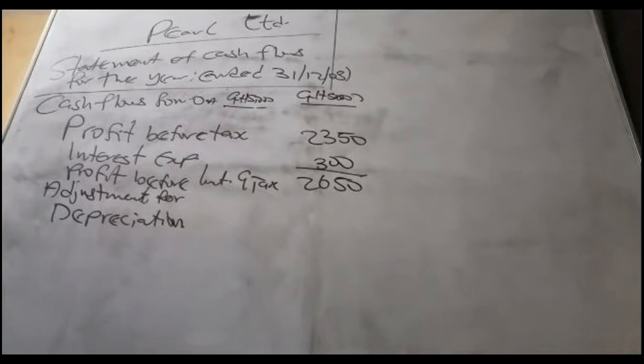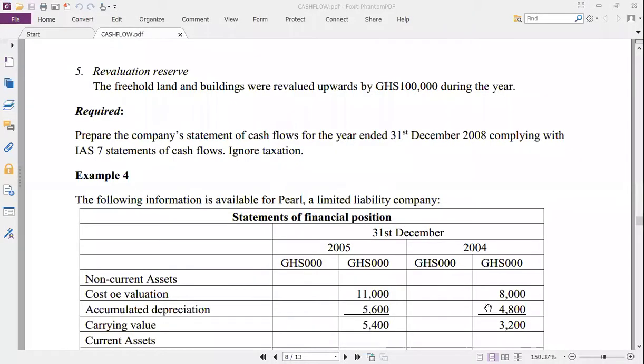So the depreciation, if we go to the question and go to the accumulated depreciation there, the opening balance is 4,800. Good. And then we subtract what? The accumulated depreciation of the disposed asset from it.